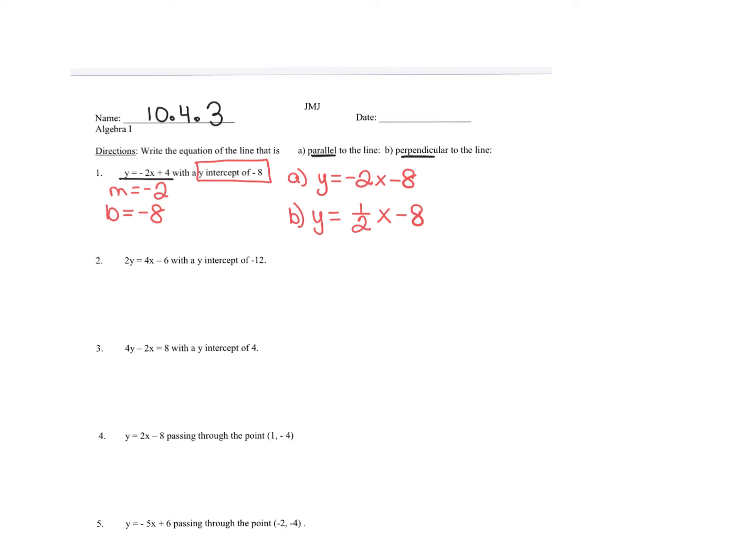Okay, number 4, just to skip down, so we see two separate ones. For number 4, we have y equals 2x minus 8 as our equation, and we're passing through this point. From my equation, my slope is 2. So let's work on parallel first. Parallel needs same slope, and here's my point I'm working with.